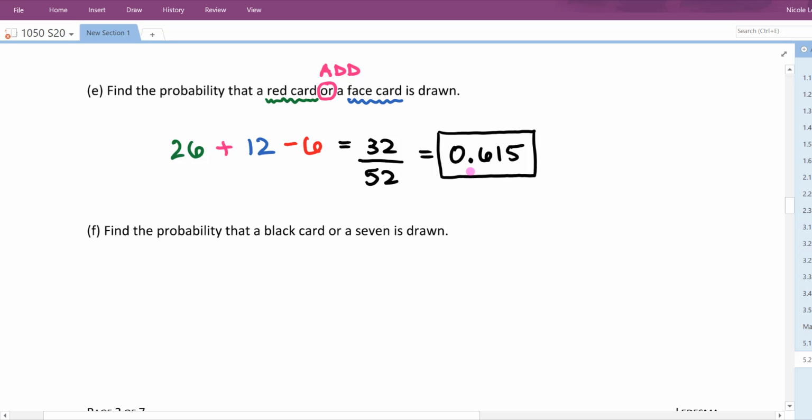Okay, so then now for part F, we want to find the probability that a black card or a 7 is drawn. So again, keyword of or tells us to add. And then the two groups that we're dealing with here are black card and 7.